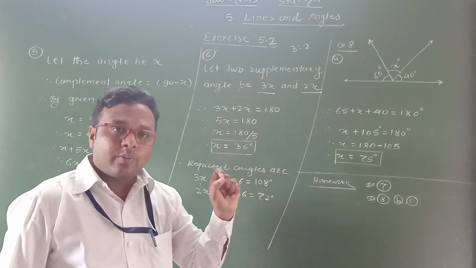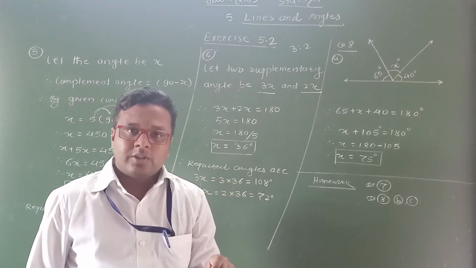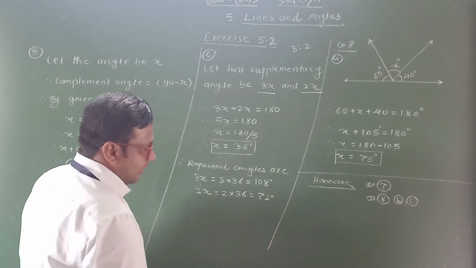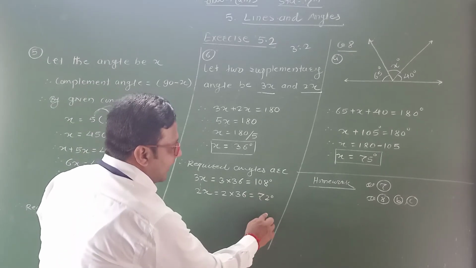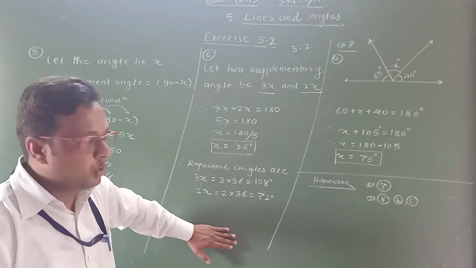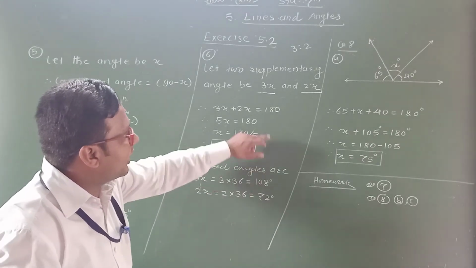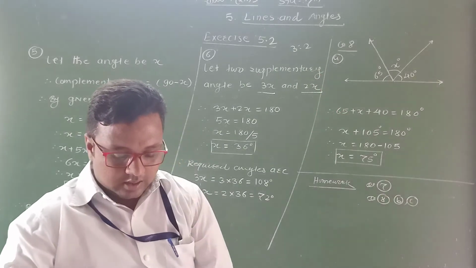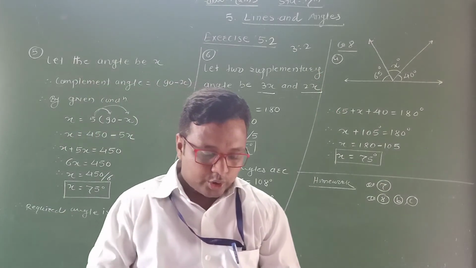These are the two required supplementary angles. If you do the sum of these two, you will get 180 degree. In this way you can check your answer. If you take their ratio, you will get the ratio 3:2. I hope you understand this question also.